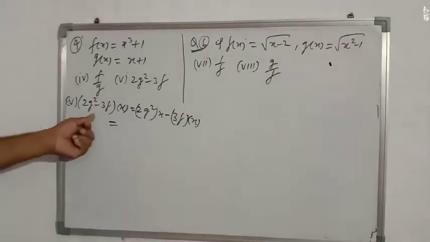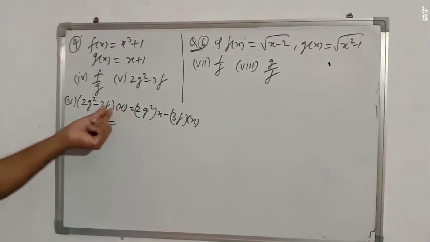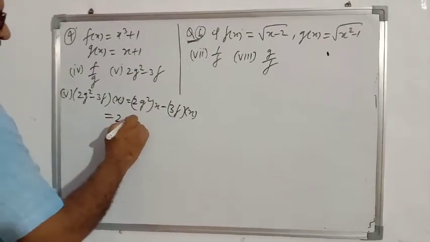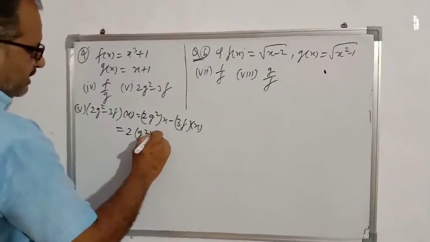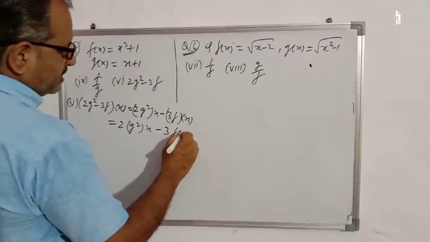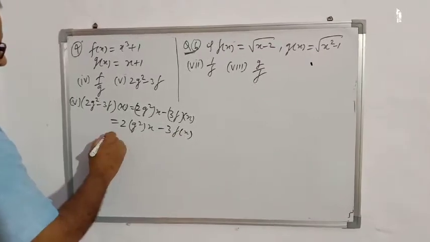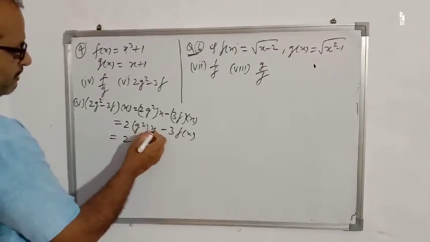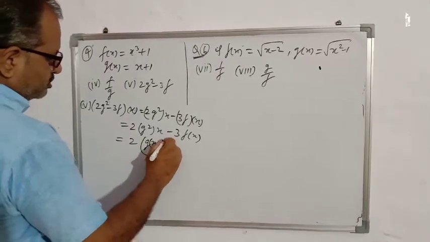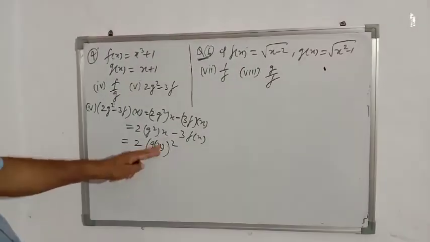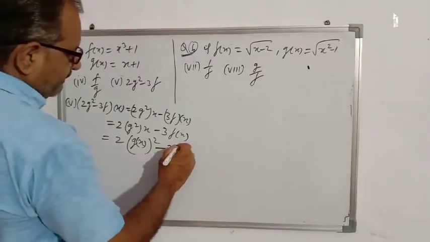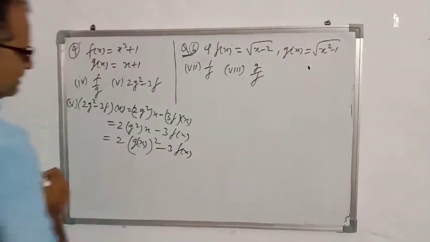It is the difference of two functions. 2 is a constant, we can take it outside, g square x. 3 is a constant, take it outside, fx. Since it is a power, we can write g square x as gx whole square, minus 3 fx.